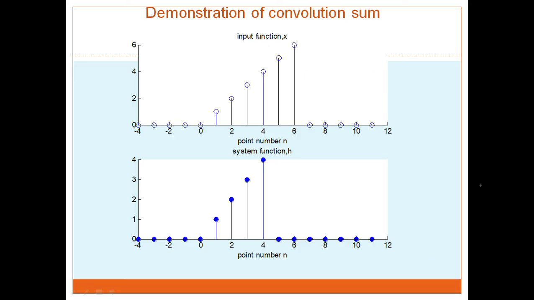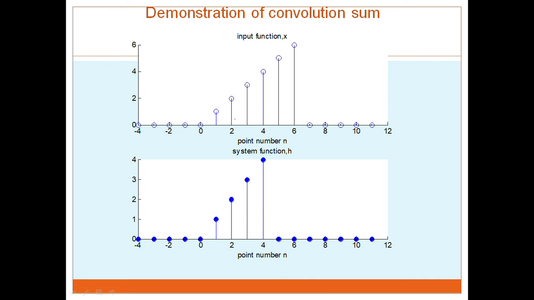For example, we have the signals x(t) and h(t). So x(t) is defined by 0 0 and then 1 2 3 4 5 6. The second one we just make the same, but this one has 1 2 3 4.